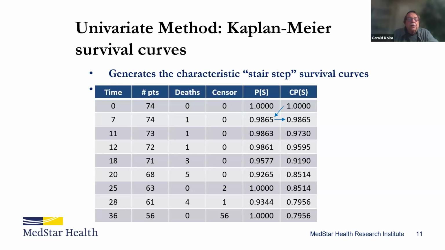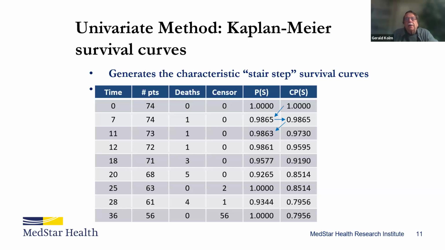So at the next interval, at month 11, because we've had 1 patient die, we only have 73 patients in our pool to analyze, and out of the 73 we have another death. The probability of that death is 1 minus 1 over 73, or 0.9863.